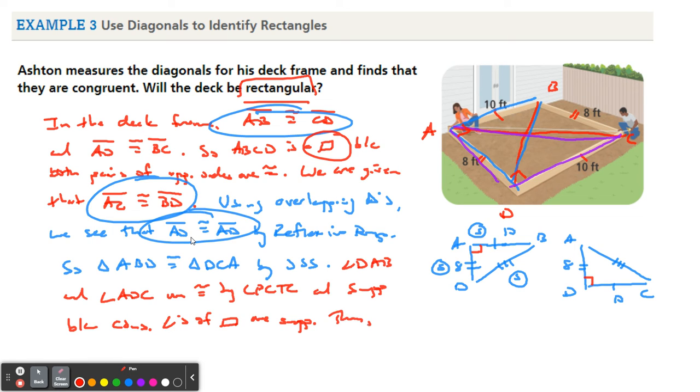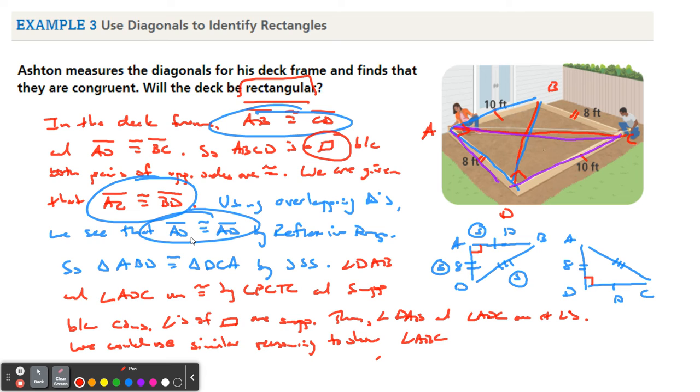Thus, angle DAB and angle ADC are right angles. And again, it's because they're congruent and supplementary. We could use similar reasoning to show that angle ABC and angle DCB are also right angles.